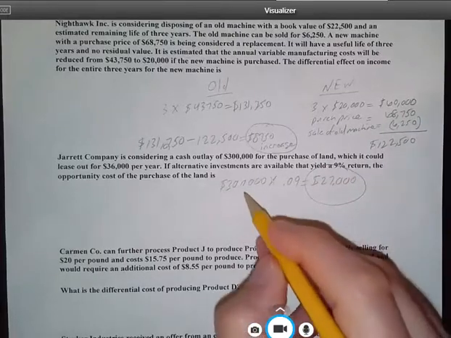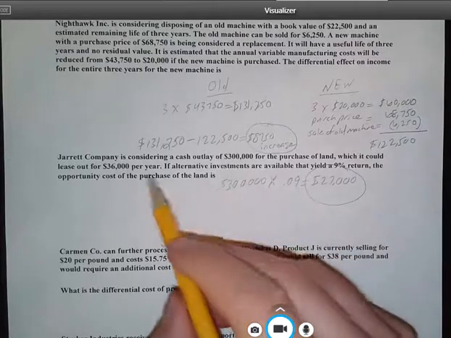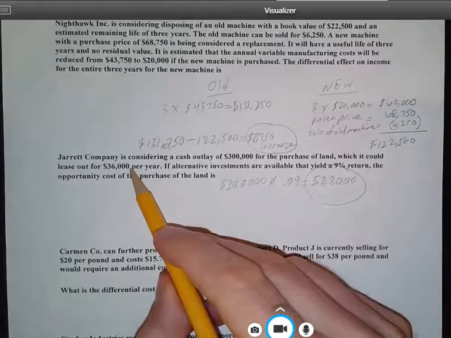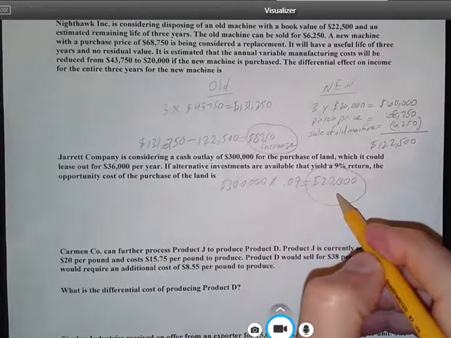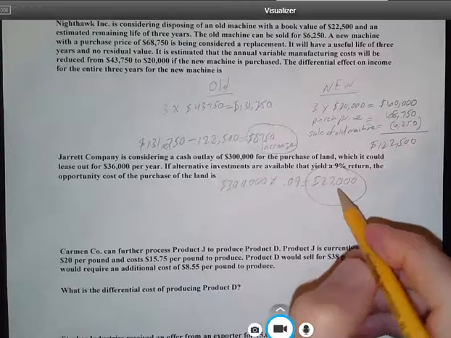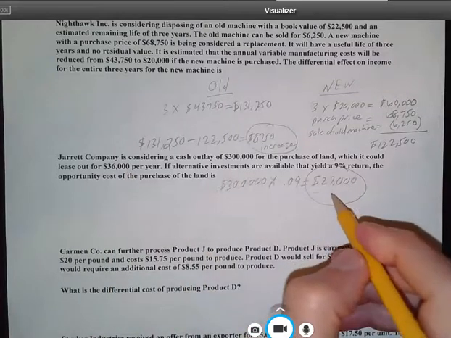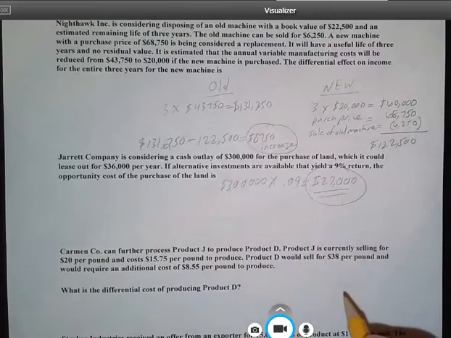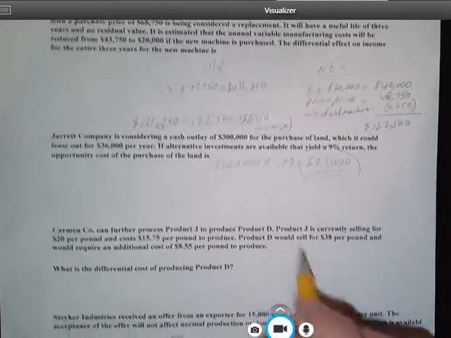All we have to do is this step right here. If we decide to purchase the land and lease it out for $36,000, that's great, but we are giving up $27,000 in interest. Okay? Now, it's the right decision to do this because we make $9,000 more, but our answer is what did we give up? We gave up $27,000 to make the $36,000. Okay, so that's our answer.